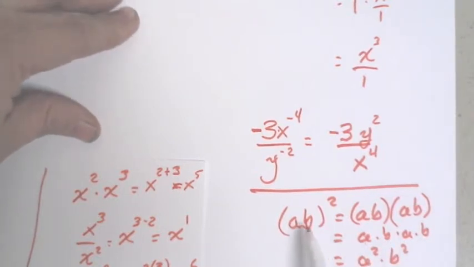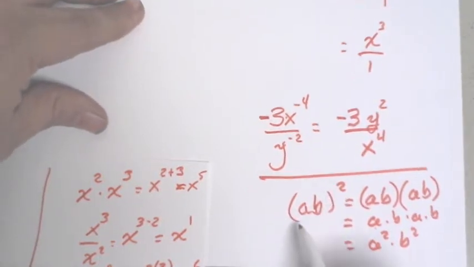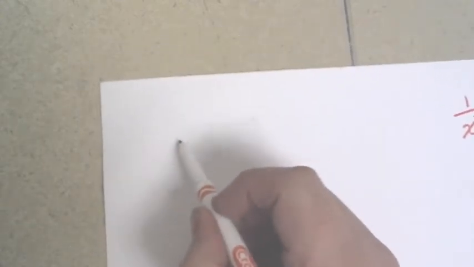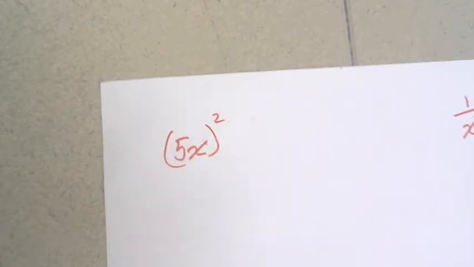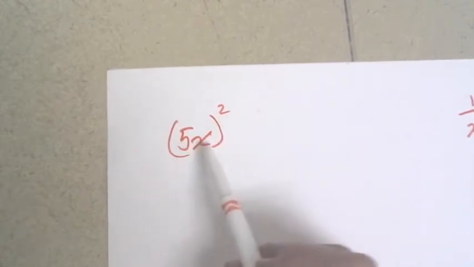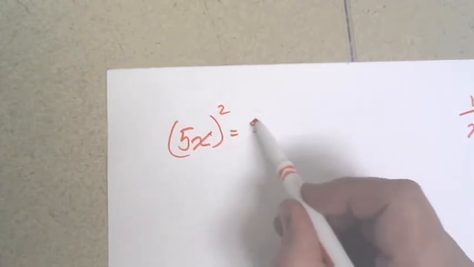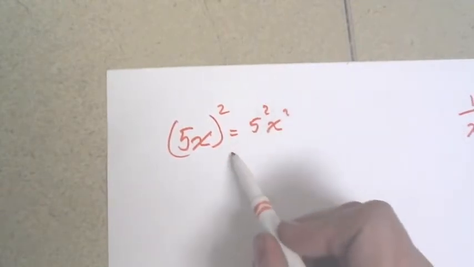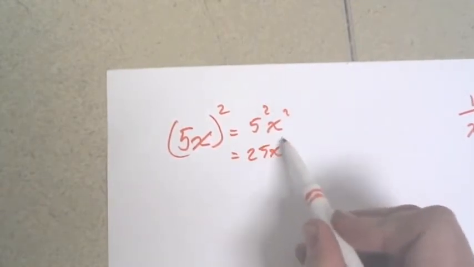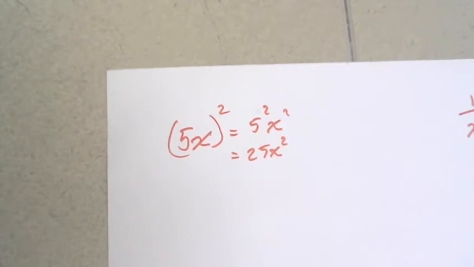So when we have a product already, and that product is being raised to a power, we can simply raise the different pieces to a power. So for example, if we had just 5x quantity squared, we've got 2 5s and 2 x's, so it's a nice 5 squared x squared. 5 squared we can evaluate is 25 x squared.